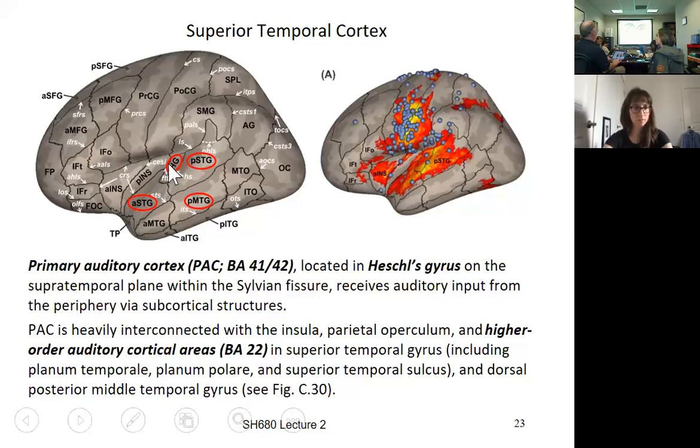So speech will activate Heschl's gyrus, but no more than reverse speech, for example. But in planum temporale, reverse speech does not activate as much as forward speech, and also in the other higher order auditory cortical areas. So specificity for speech in the auditory system happens in Brodmann's area 22 in the higher order auditory cortical areas.